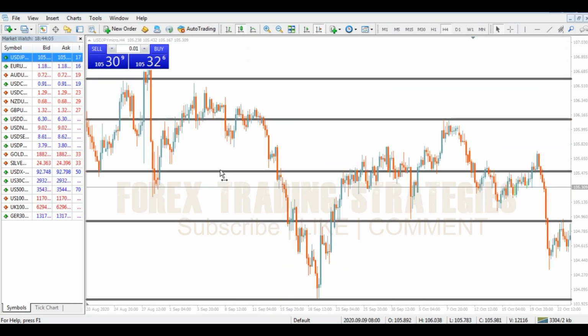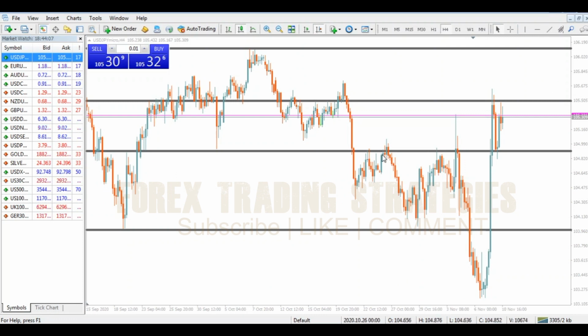You get the point. Is it coincidence that price, when it comes to this daily line, it seems to do something, either go down to this line or go up to this line?